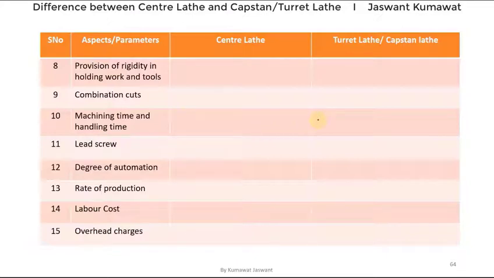In case of turret lathe or capstan lathe, due to the use of feed stop rods, stops, and multiple cutting tools, the machining time and the handling time are reduced to a good extent. So the use of semi-automatic lathes often saves the machining time by 25 to 75% and the handling time by 25 to 50%.